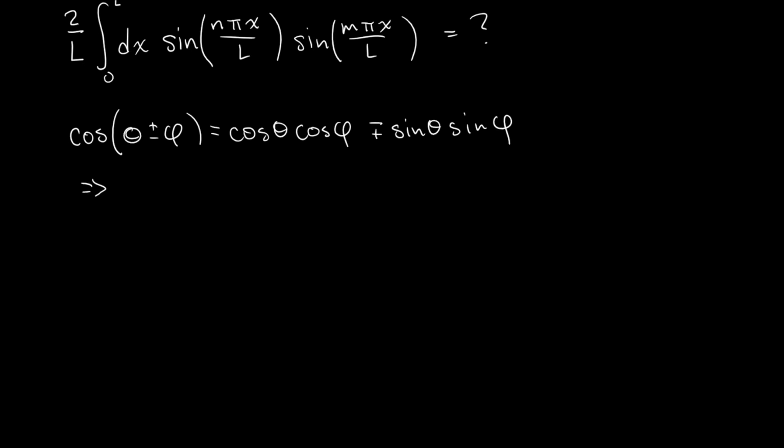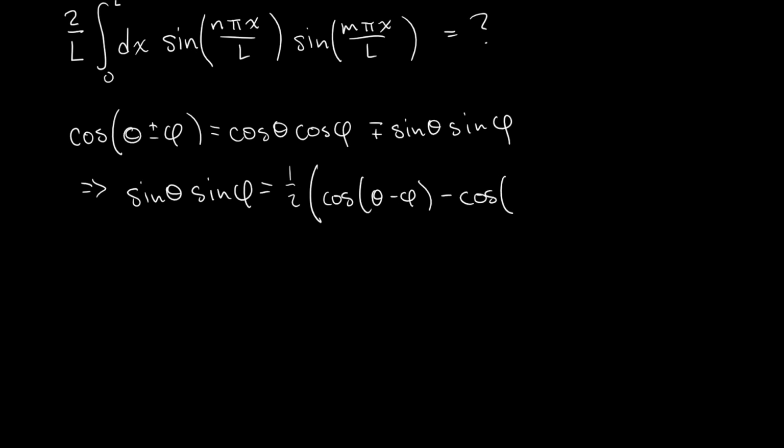Which then means that sine theta sine phi is equal to 1/2 times cosine of theta minus phi, minus cosine of theta plus phi.